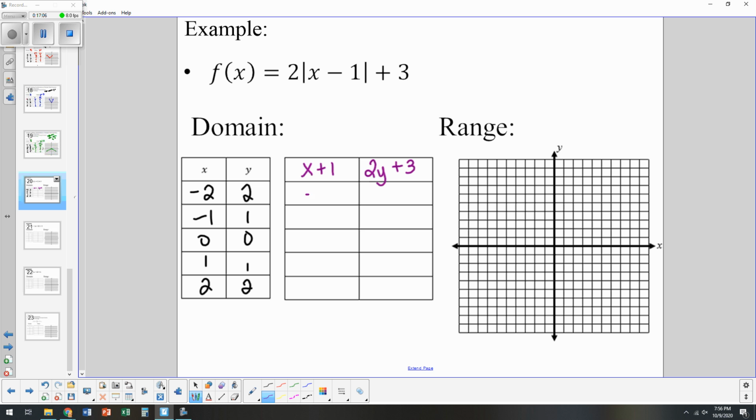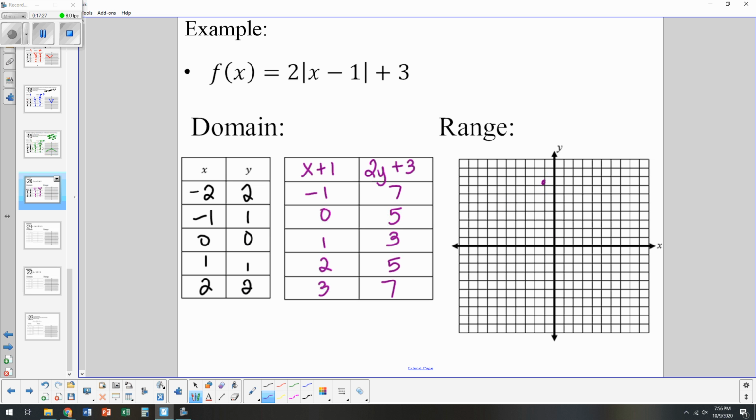So now all my x's, I'll add 1. And now the y's, I'm going to do 2 times 2 is 4, plus 3 is 7. 2 times 1 is 2, plus 3 is 5. 2 times 0 is 0, plus 3 is 3. 2 times 1 is 2, plus 3 is 5. 2 times 2 is 4, plus 3 is 7.